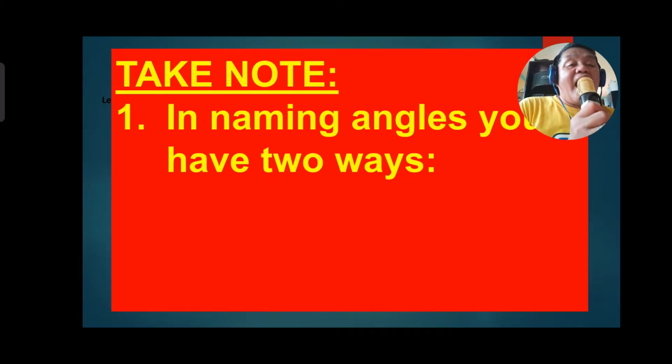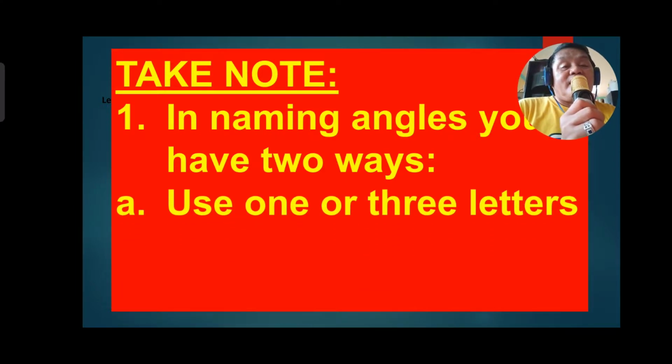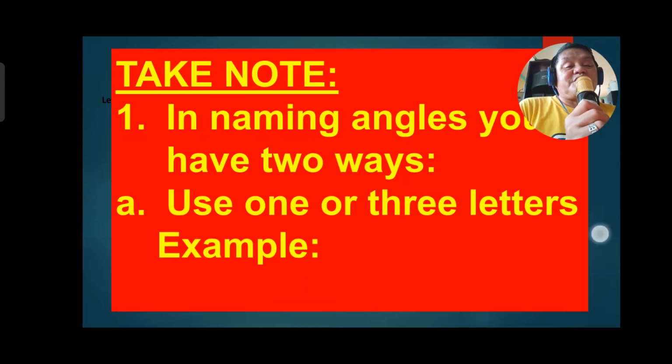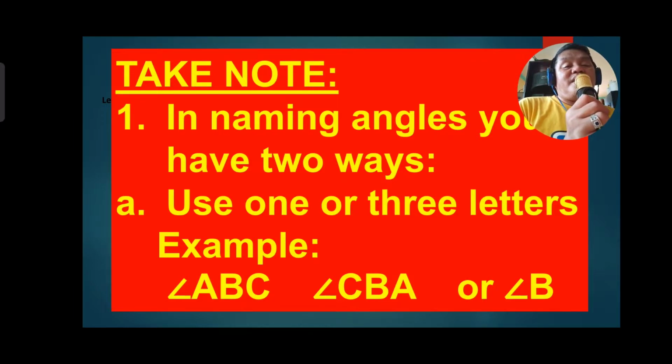We have now the concept of the side-angle-side congruence postulate. Take note: in naming angles, you have two ways. Use one or three letters. For example, we have angle ABC. You can rename it to angle CBA. Just flip the letters and you can rename the angle.